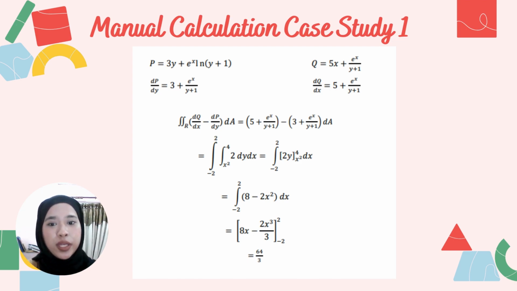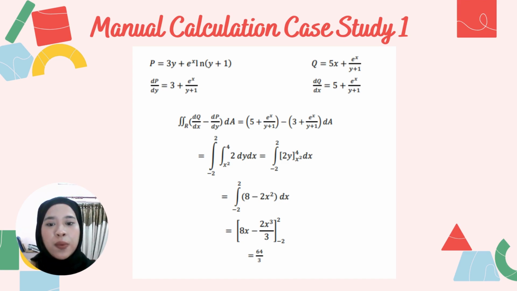First, we let P equal to 3y plus e power of x ln y plus 1, and we let Q equal to 5x plus e power of x over y plus 1. Then we differentiate P with respect to y, we get 3 plus e power of x over y plus 1, and we differentiate Q with respect to x, we get 5 plus e power of x over y plus 1.